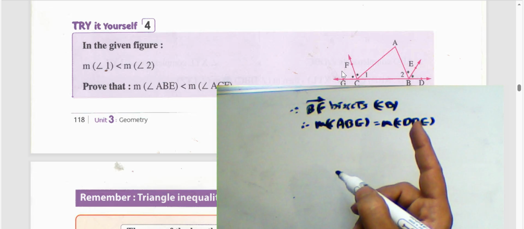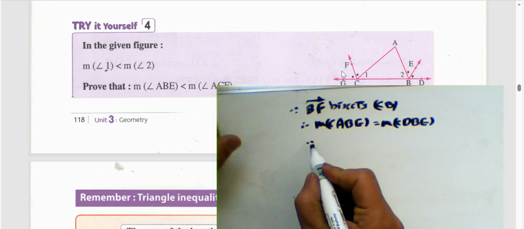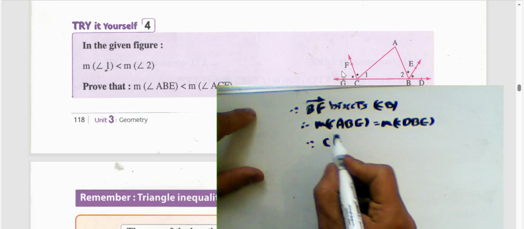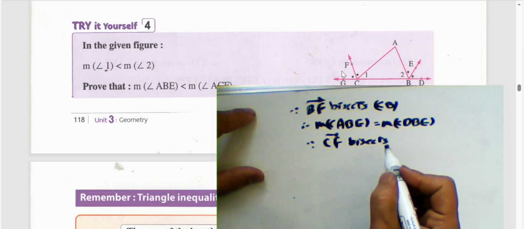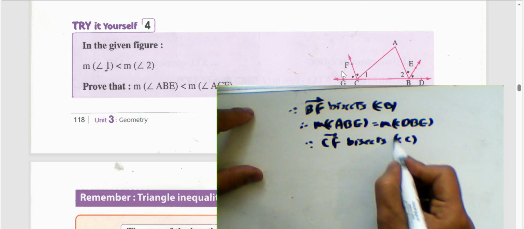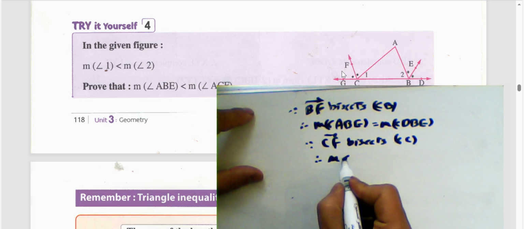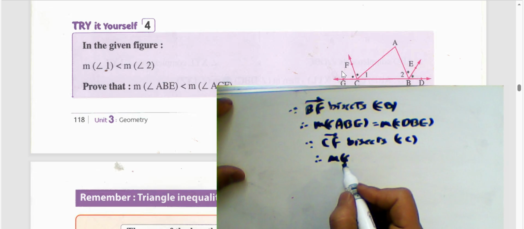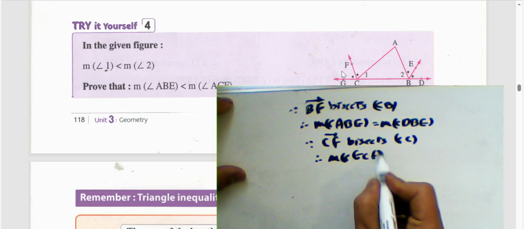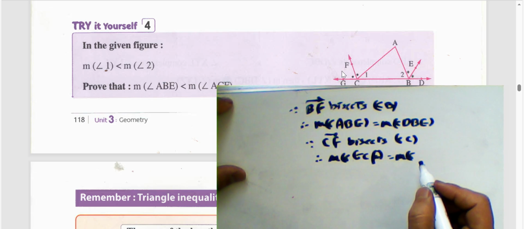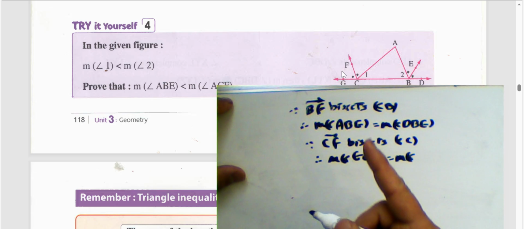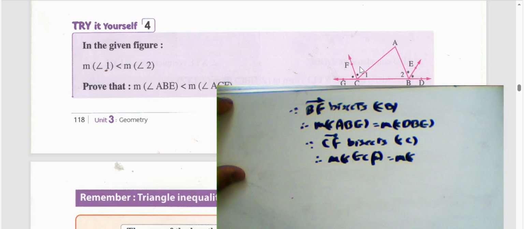They are equivalent, and also such that CF bisects angle C, the measure of angle GCF equals the measure of angle FCA.